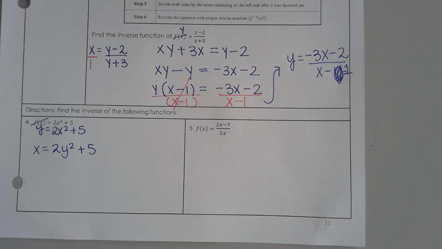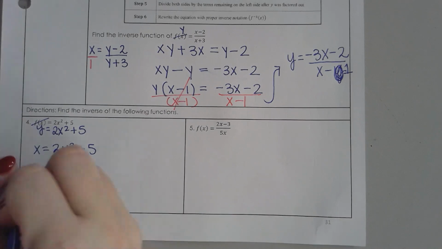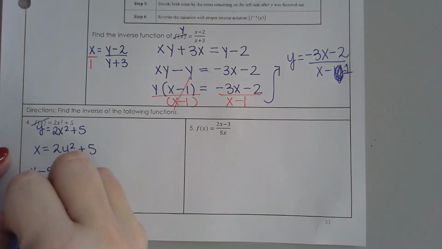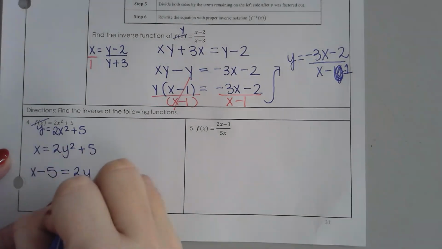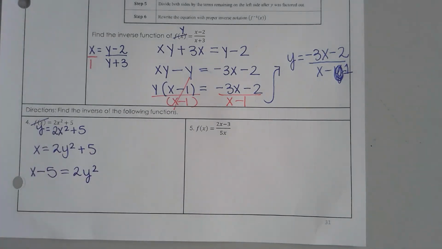What would my next step be? Subtract 5 from both sides. Good. So this would be x minus 5 equals 2y squared. Then what? Not yet. Divide by 2 first.